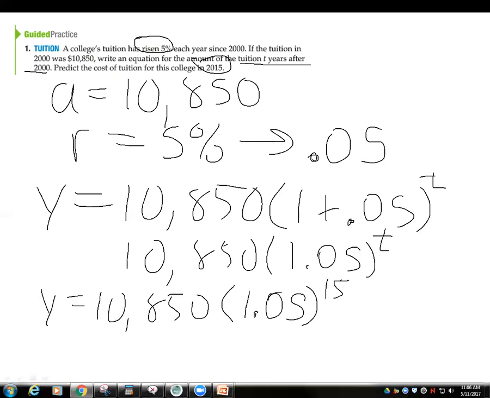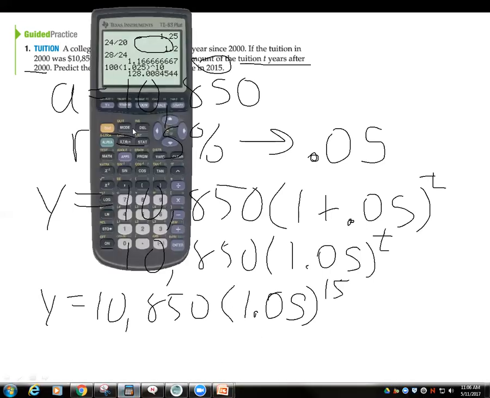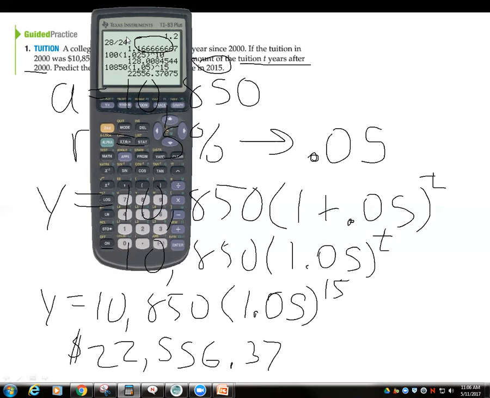So 10,850, parenthesis 1.05, close the parentheses, to the 15th, and you get $22,556.37. So you round to the nearest cent, which is the hundredths place, and that is the estimated cost of the tuition.